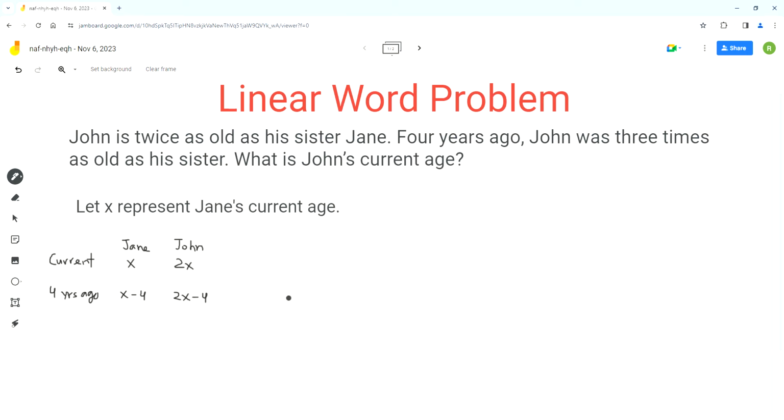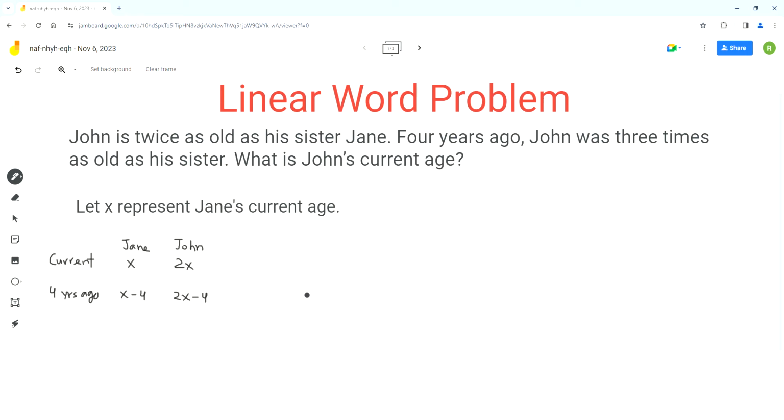So there's a very important concept you need to understand and memorize, and that's where this type of a chart comes in handy. So it helps us visualize their ages at different points in time. Now we can make an equation based on the information. 4 years ago, John was 3 times as old as his sister.